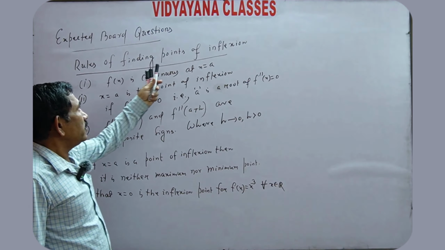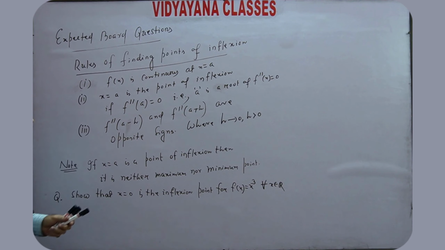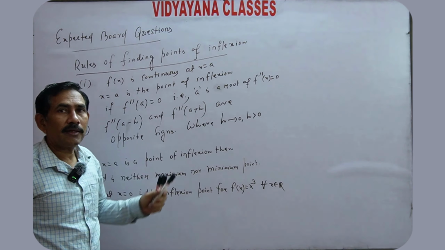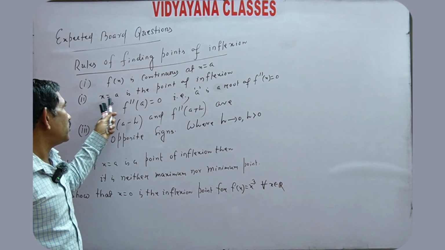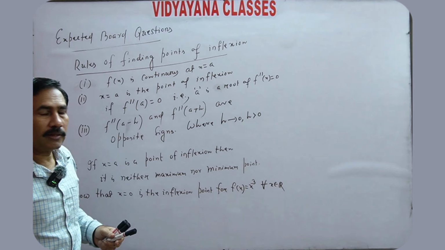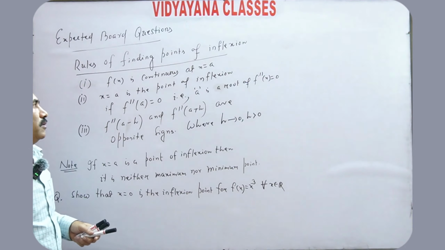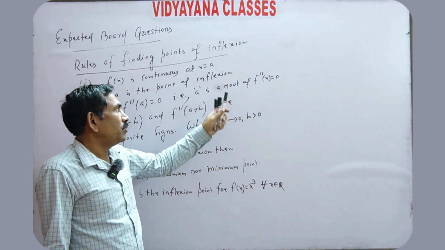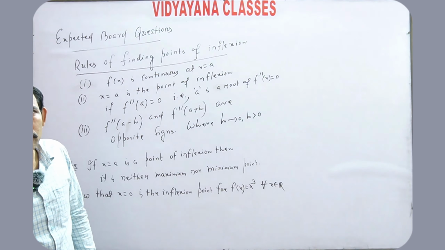Rules of finding points of inflection. First point, f(x) is continuous at x equal to a. Second point, x equal to a is the point of inflection if f double dash a equal to 0, or a is a root of f double dash x equal to 0.